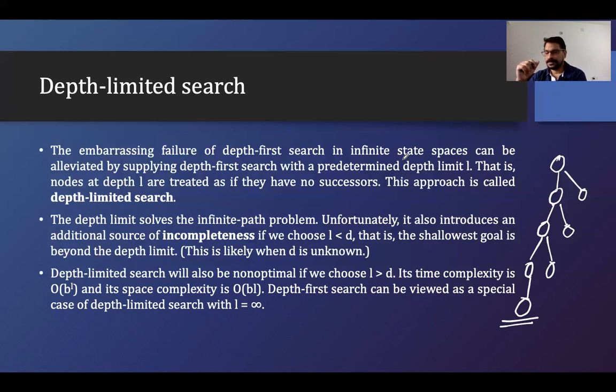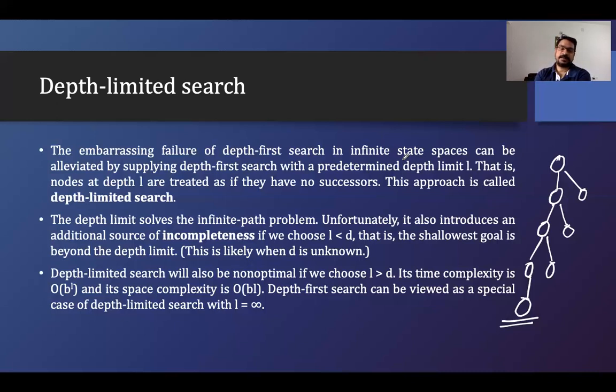But is it a complete solution, or is completeness there? Completeness might not be there. Let's say your friend's house is 6 kilometer from the Bhubaneswar railway station. Then you will never get the solution with a depth limit of 5.